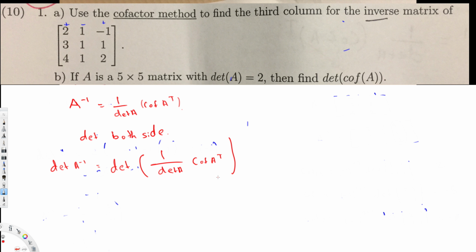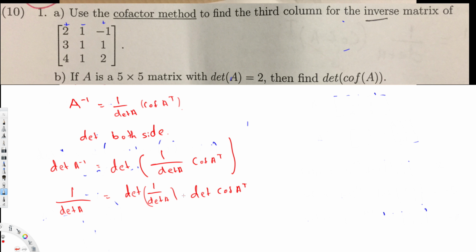Now what I have to do: the determinant of A inverse can be written as 1 over determinant A, equal to the determinant of 1 over determinant A, then the determinant of cofactor A transpose.